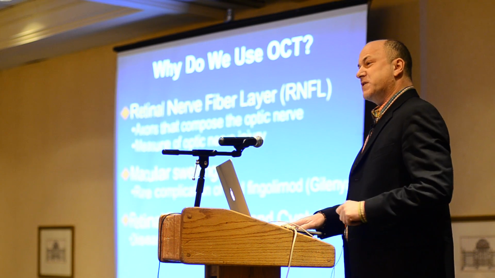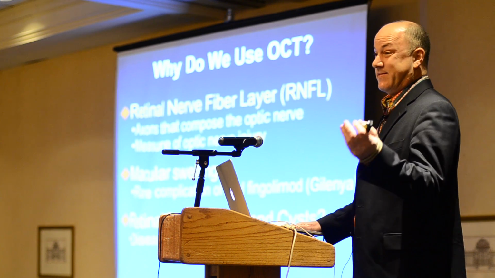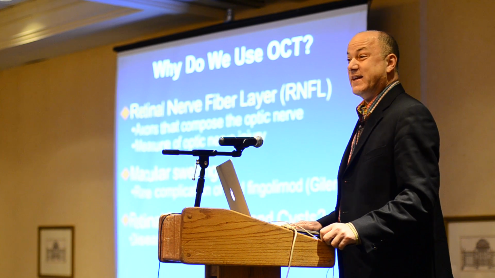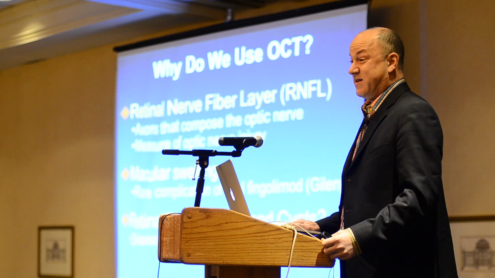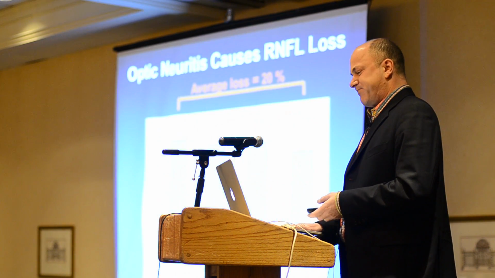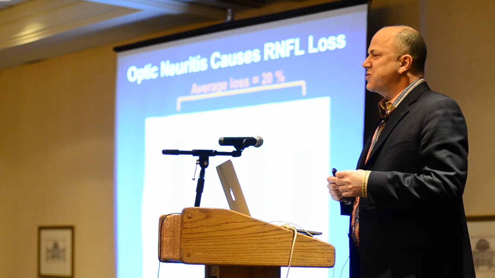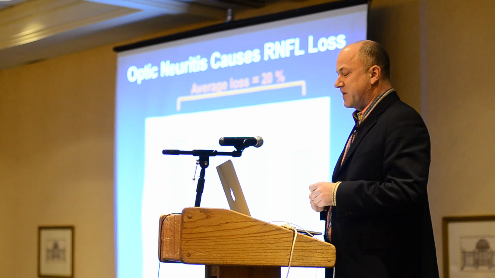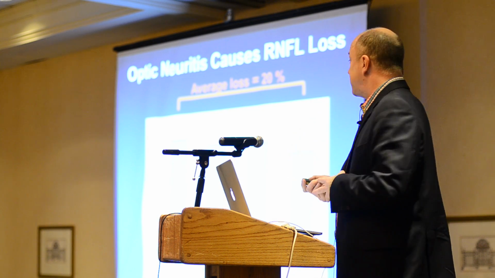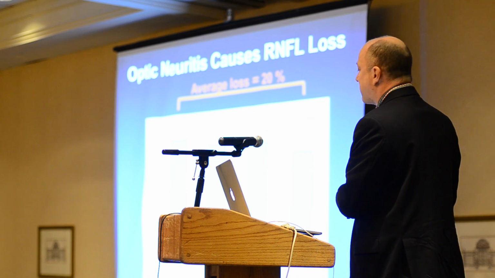So, if we're going to use this to measure optic nerve injury, you might be saying, hey, I had optic neuritis and I got better. Are you really expecting to see a lot of damage that goes on because people have optic neuritis? Well, it ends up that the answer is yes. When we look at people who have optic neuritis and we use this instrument to measure the thickness of the cables that compose the optic nerve, we find out that people who have had optic neuritis in an eye, shown by this column, average about 80 microns thick.